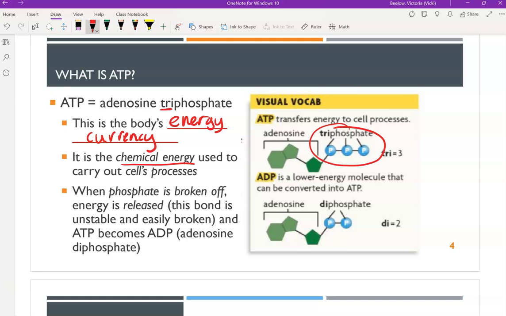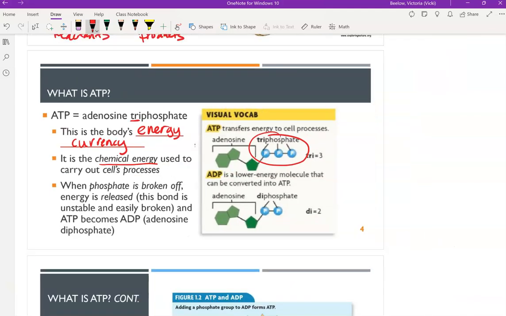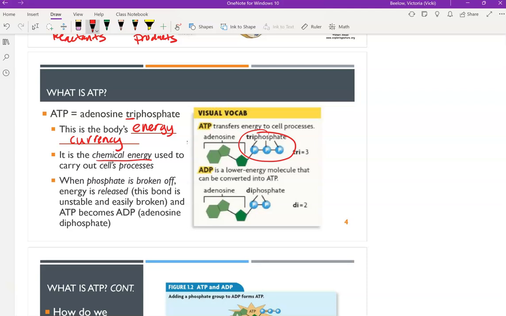Once that ATP is made, and again, the only way to make the ATP is from the energy that we're getting from our food. And then once you break off that phosphate, you release energy to be able to do things. Again, like in the sodium potassium pump, you saw the P being attached to that in order to make it work.